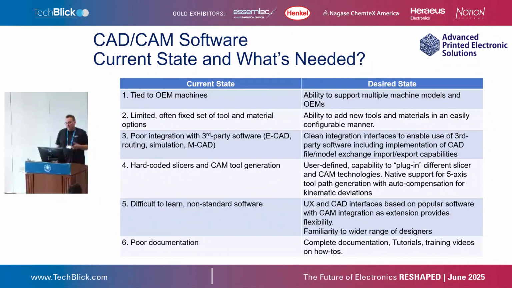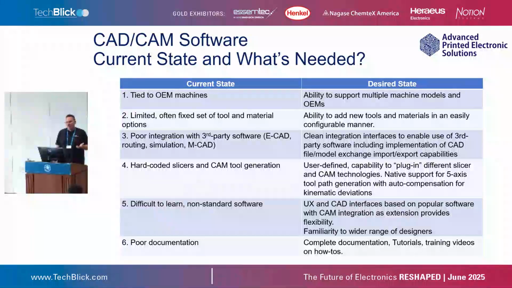The other thing is, there's always a fixed set of tools. You can only put up to 3 or 4 tools per machine, or you have to start spanning multiple machines. From a software perspective, as I mentioned, the software is poorly integrated. It would be really good if we had a better integration path for third-party software and more standards for being able to move things around.